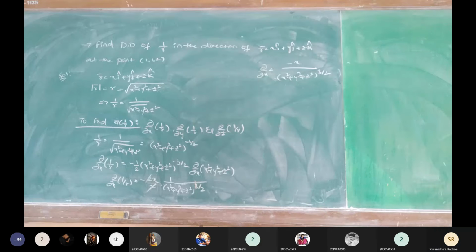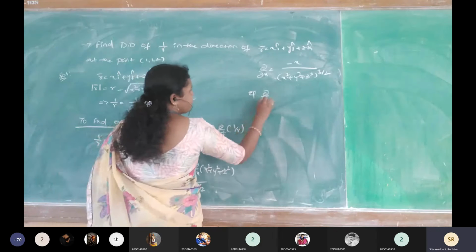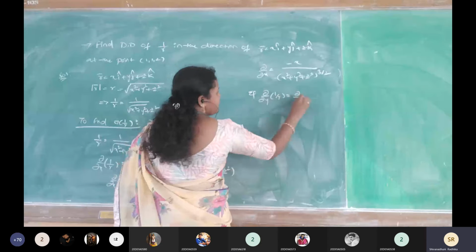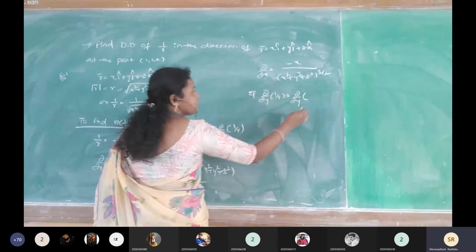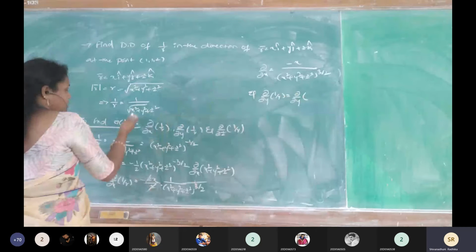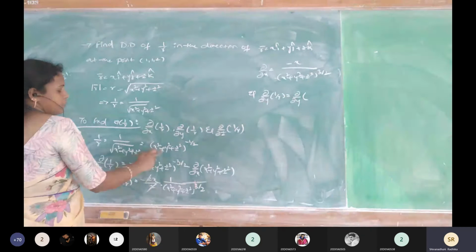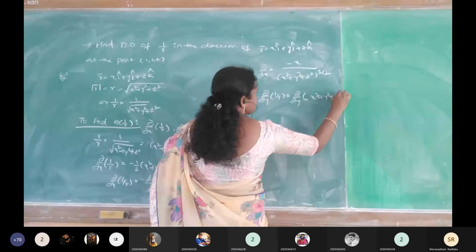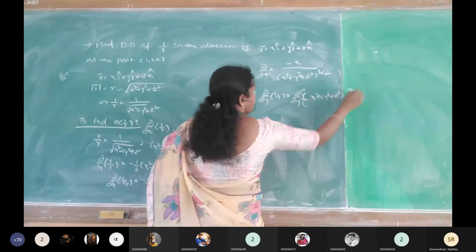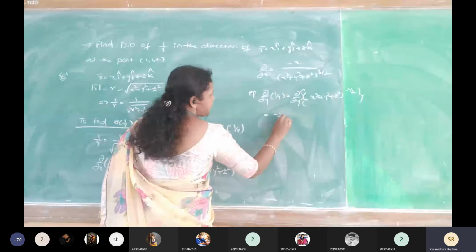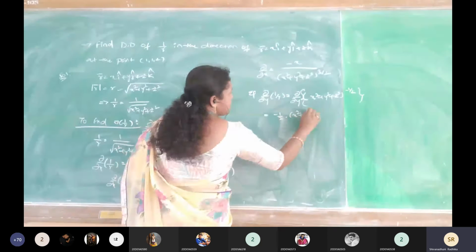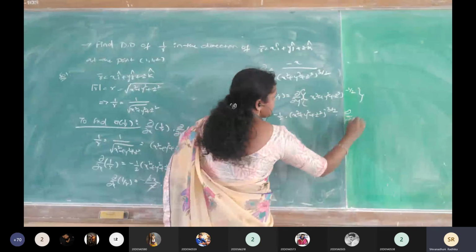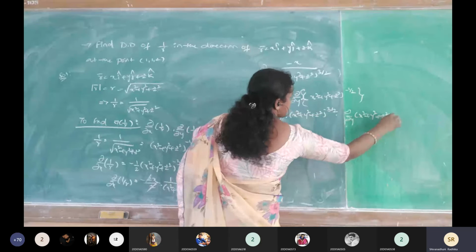Clear? And same, del by del y of 1 by r. What is 1 by r here? 1 by r is x square plus y square plus z square to the power of minus 1 by 2. So with respect to y, same as this: minus 1 by 2 into x square plus y square plus z square to the power of minus 3 by 2, and the inner term's derivative with respect to y.